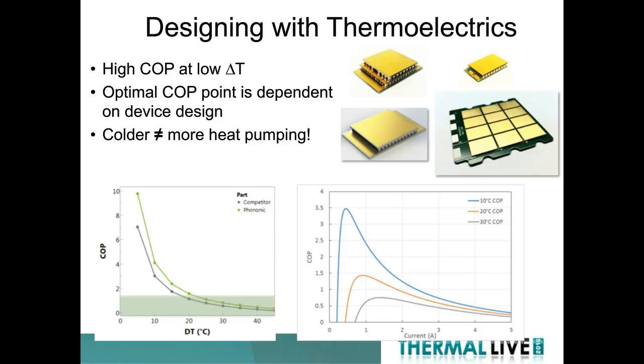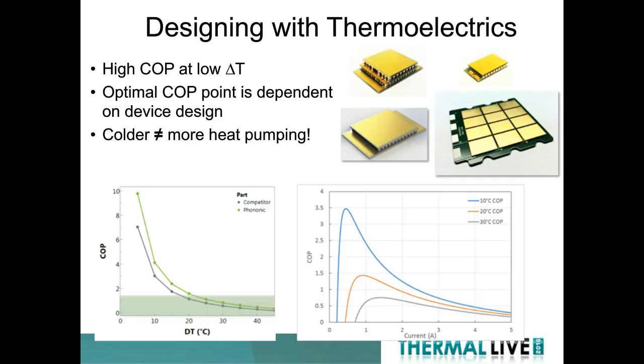So the COP for any heat pump, whether thermoelectric or compressor based, will scale inversely with delta T. So if you get a higher delta T, it will be lower, and a lower delta T will be higher. Thermoelectric devices show very good COP at low delta Ts. Generally, they should be applied up to 40 to 50 degrees of delta T, and after that, their efficiency will drop.